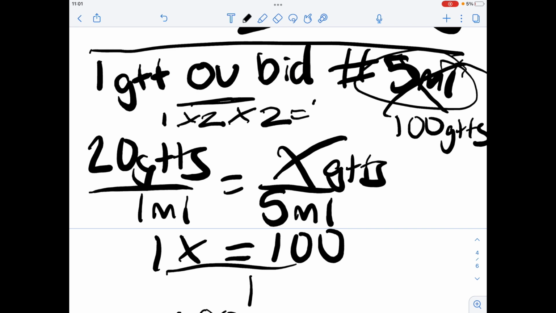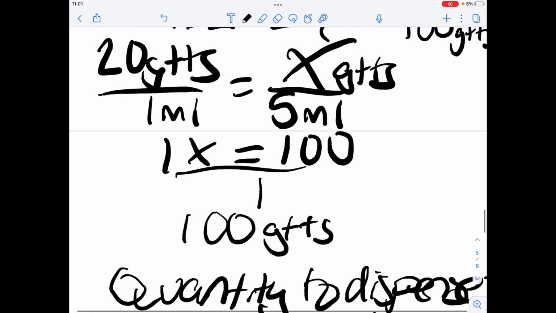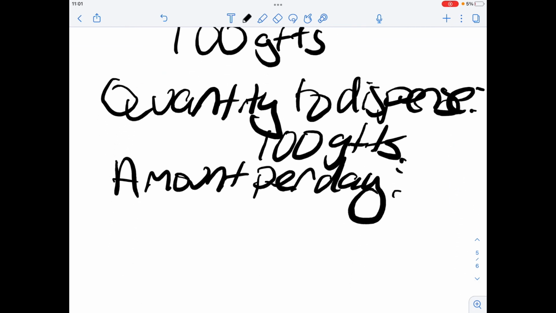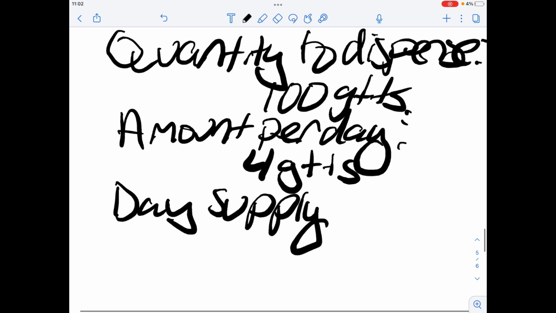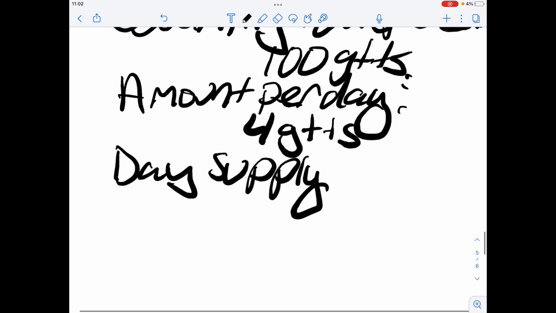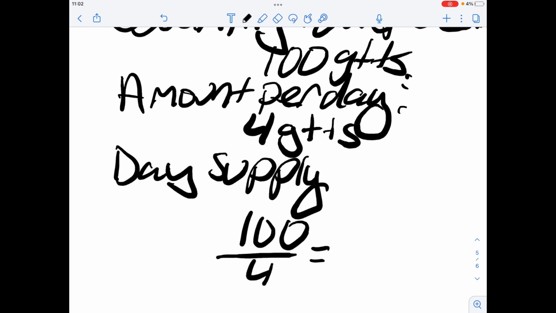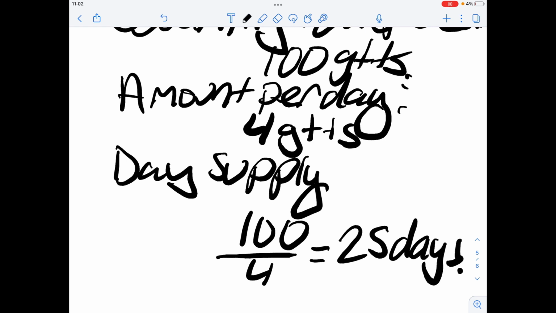This brings our amount per day to 4, unlike the 2 from before when we were only doing the left eye. So now we need to do our day supply, which is the quantity to dispense divided by amount per day. So 100 divided by 4 equals 25 days.